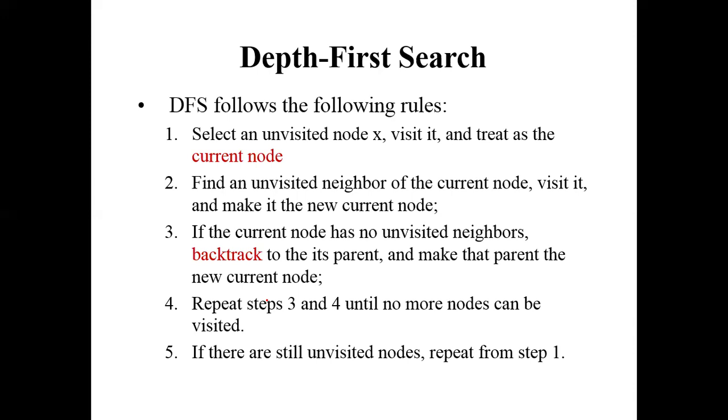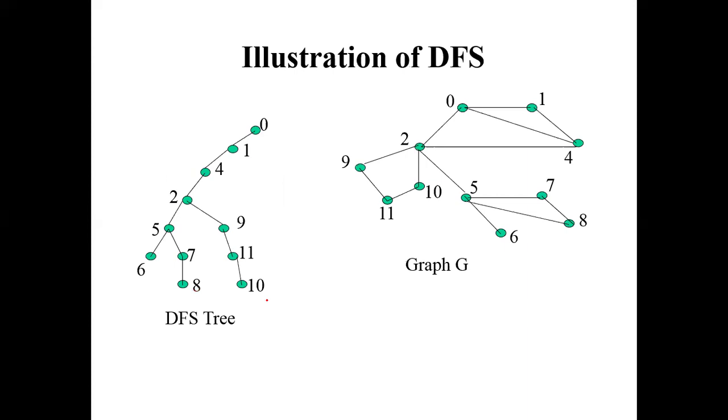If the current node has no unvisited neighbors, we will backtrack to the parent node and check for any other unvisited node available. We repeat this step until we visit all the nodes in the graph.